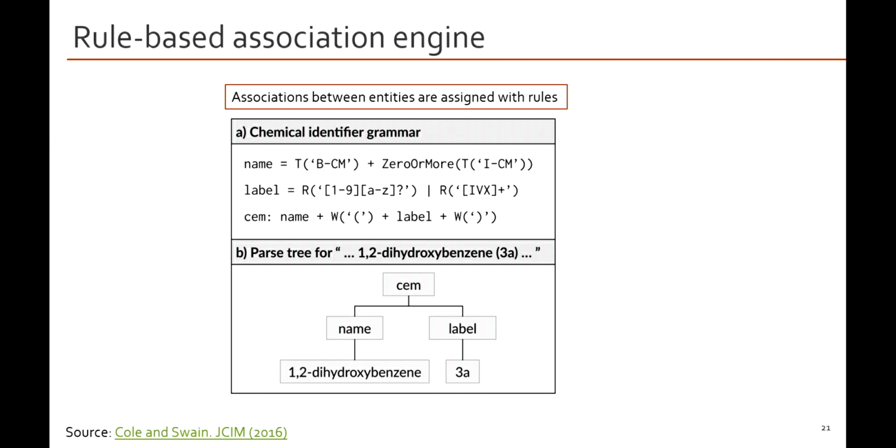Then I can look at the labels, where I know that the label is a number or a letter followed by some parentheses, and the name is the combination of that word plus a parenthesis plus a label plus a closed parenthesis. And I can take that to a sentence that includes a phrase such as 1,2-dihydroxybenzene 3A, and be able to quickly assemble the name of that chemical and its label following this rule-based system.